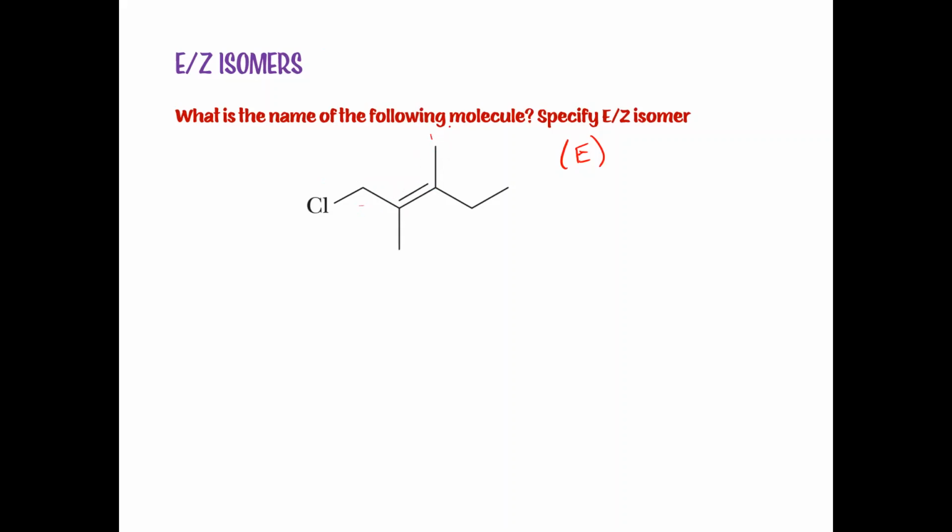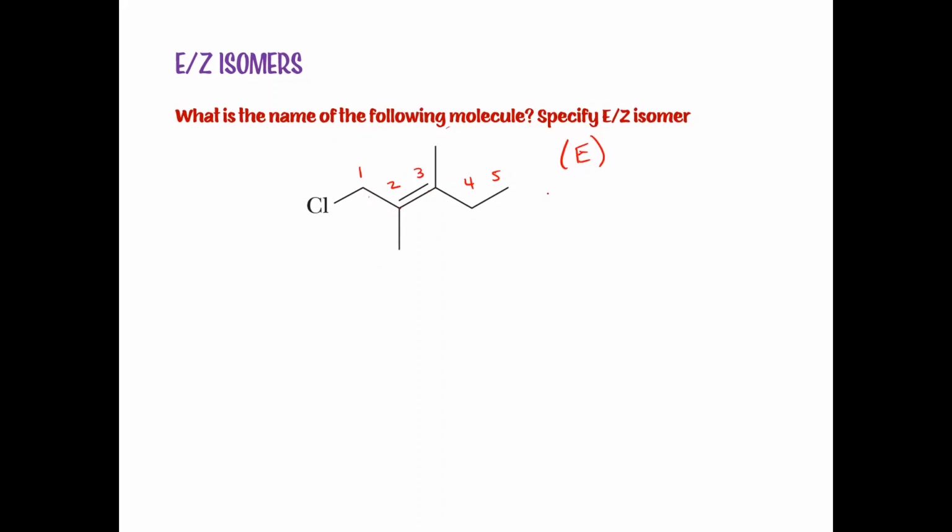Or we can number it 1, 2, 3, 4, 5. That has a higher carbon chain, so that's good. The carbon-carbon double bond is on 3 and 4. If we number it the other way, we have 1, 2, 3, 4, 5, and the carbon-carbon double bond is on the 2 and the 3, so that's the one we want to do.